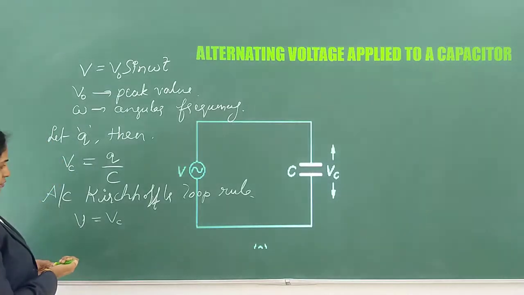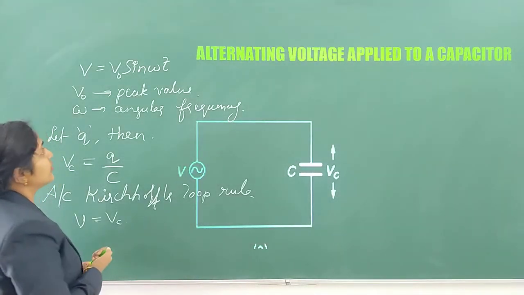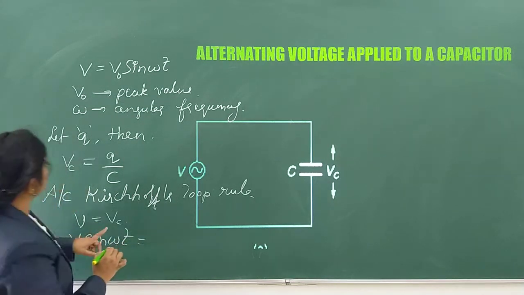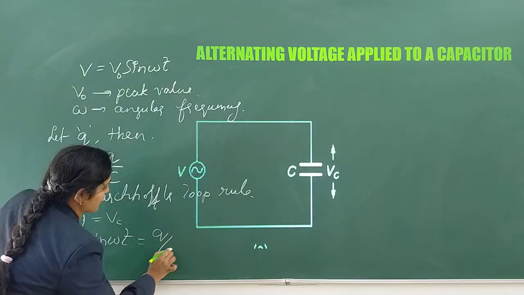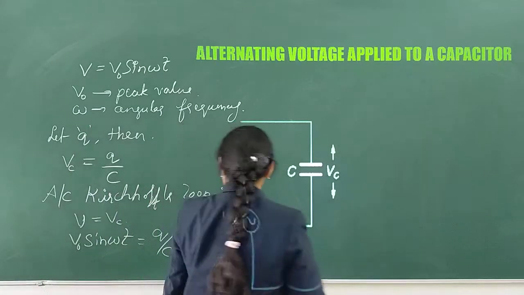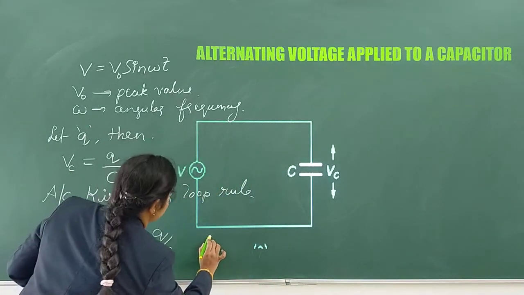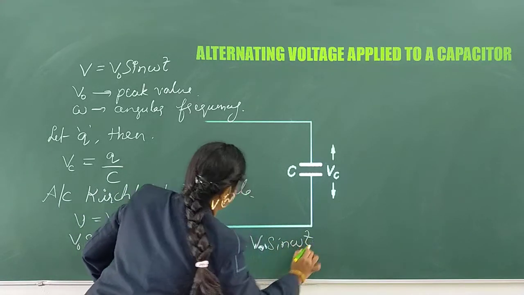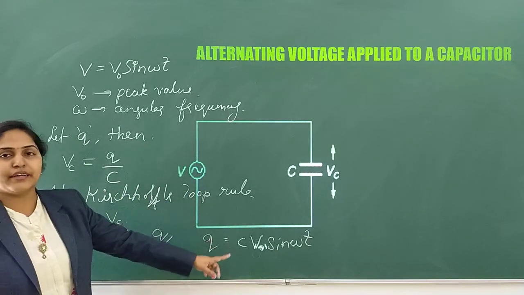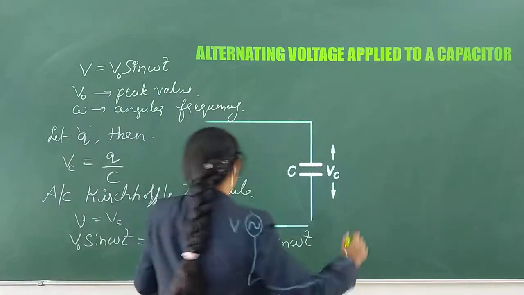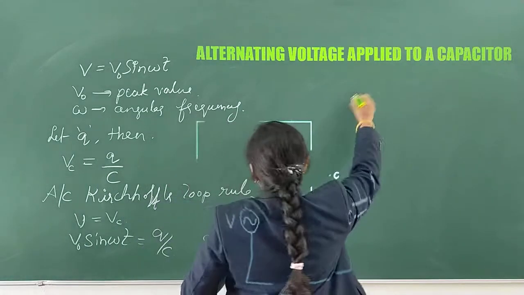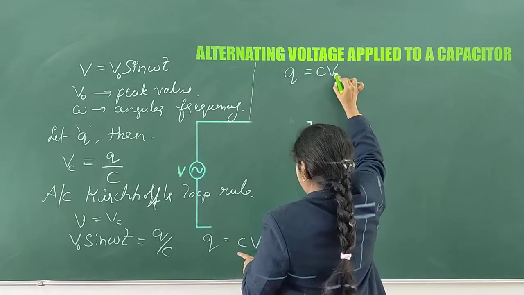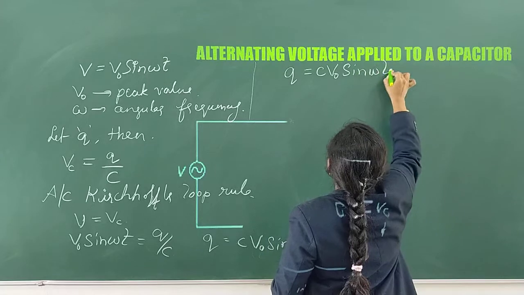Now let's apply the values of V and Vc. The value of V is V naught sin omega t, which is equal to Vc, that is Q by C. Let me write this equation in terms of Q. So Q equals C V naught sin omega t.